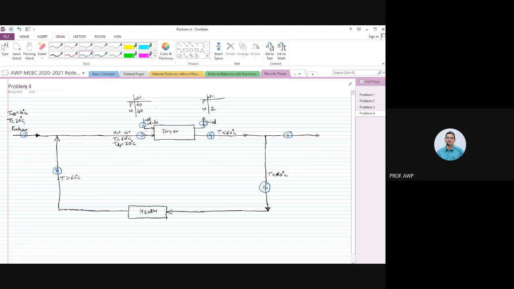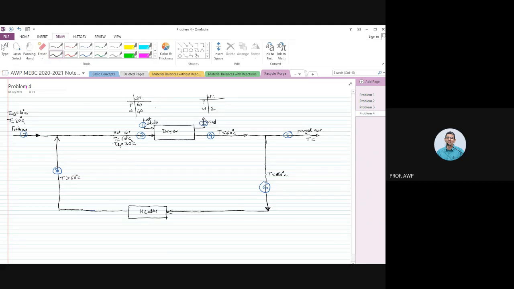I know something more about the process. What do I know? This purge air, I know something about this.